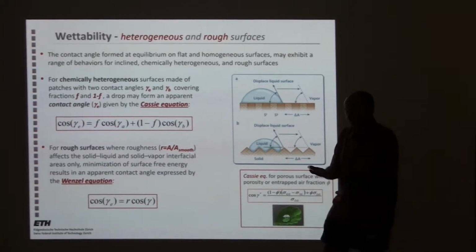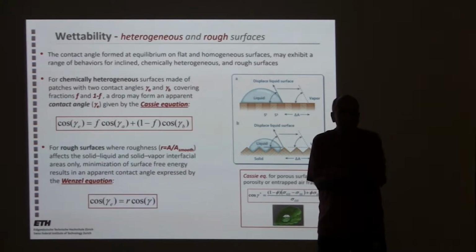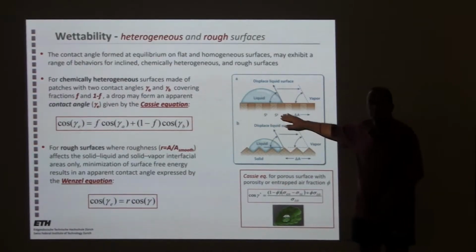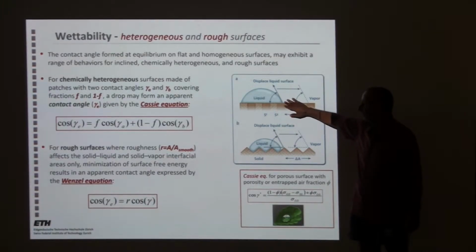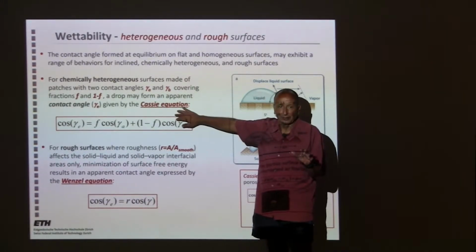For example, sand that is treated to be hydrophobic by silanization, where 50% of the grains are hydrophobic and 50% are hydrophilic. So this will be a heterogeneous system, and you'll ask yourself, what will be the effective contact angle on that material?